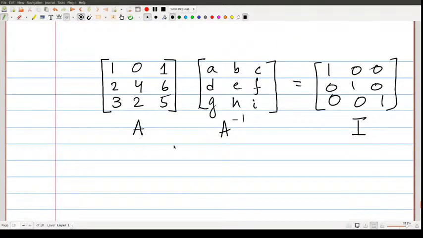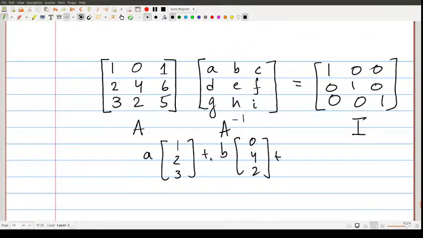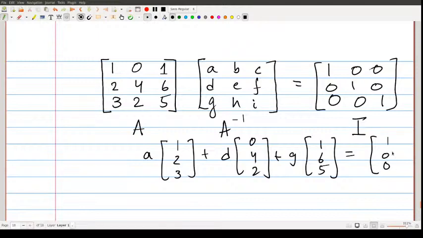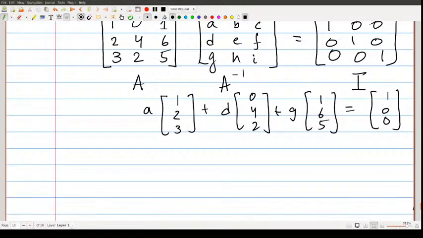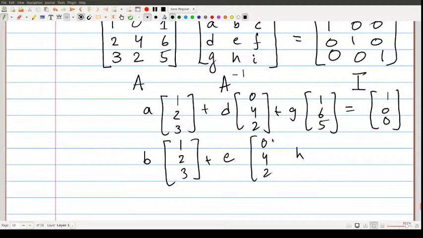So let's view it in terms of linear combinations of A. So A times 1, 2, 3, plus, sorry, not B, this is going to be D, times 0, 4, 2, plus G times 1, 6, 5. That's going to give me the first column of I, which is 1, 0, 0. Then the second column is going to be given by B, E, H, times the same vectors 1, 2, 3, plus 0, 4, 2, plus 1, 6, 5.